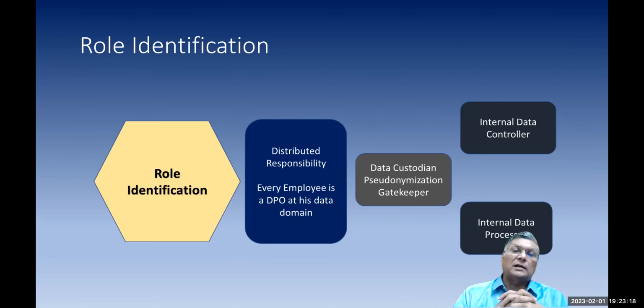So data protection officers need some kind of support from the employees, and we have been telling that distributed responsibility is the concept where every employee looks at his data domain, whatever is the data which he can access. Personal data, let us look at personal data for the time being. The same thing can be extended to information security for non-personal data.